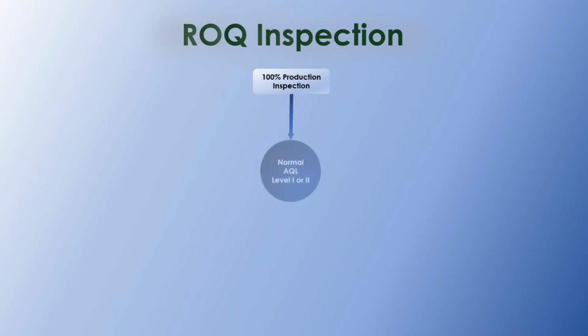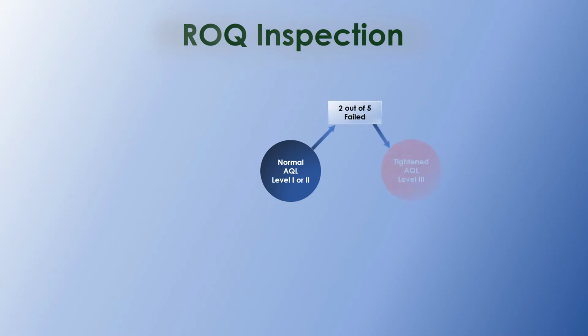The first ROQ method involves inspection based on the ISO 2859-1 switching rules. It starts after production inspection, applying AQL statistical sampling level 1 or 2, depending on the brand's requirement. It then moves towards tighter sampling with every degradation in performance, ending with a business consequence either at the product, factory, or supplier level.